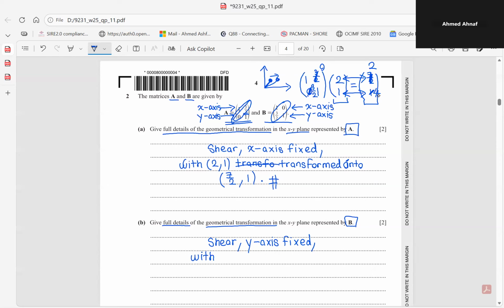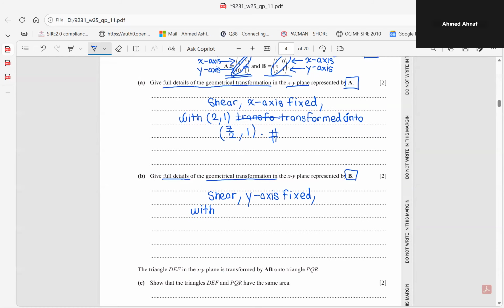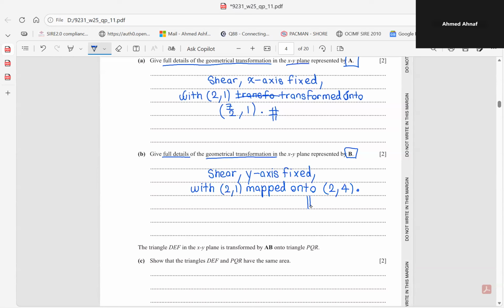So 2, 4. So we can say 2, 1 is mapped onto or transformed onto 2, 4. So this would be our final answer for this second part.